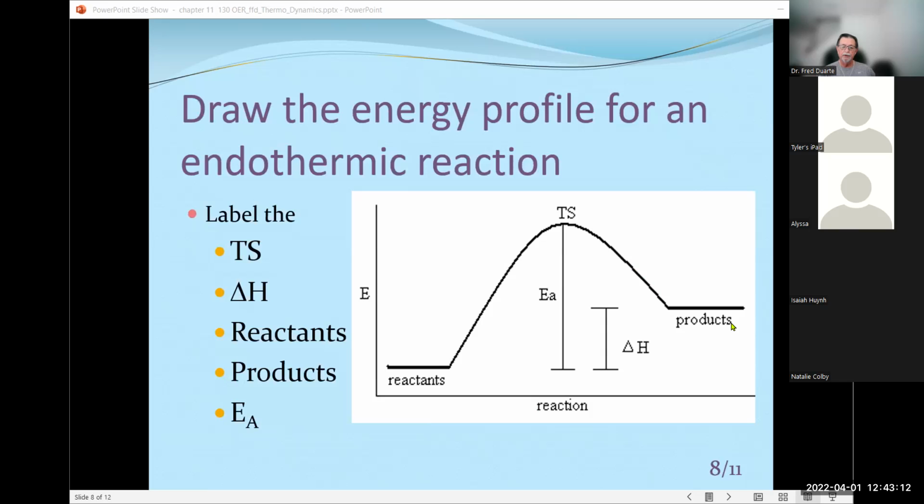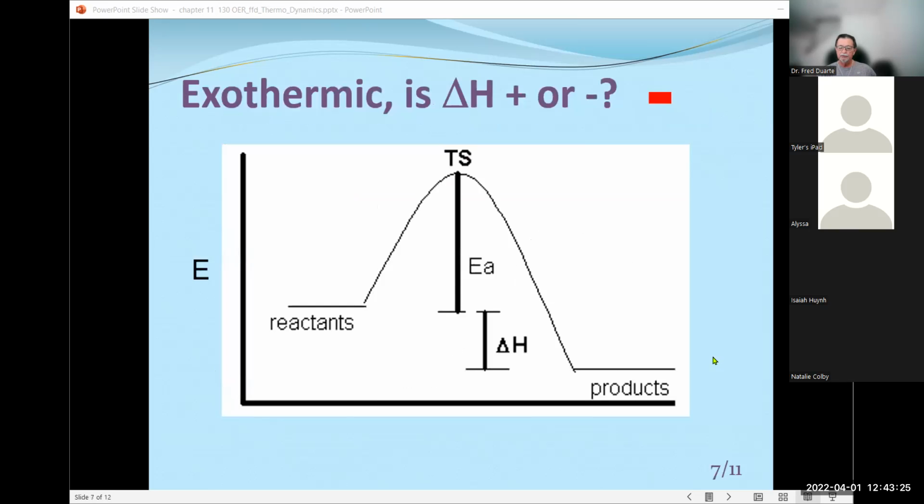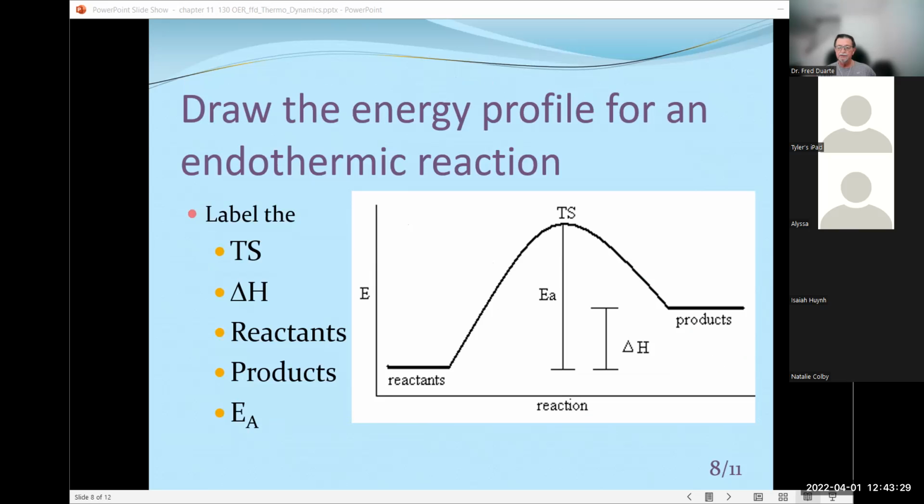All right. So here, as I mentioned, be able to draw the transition state, the delta H, reactants, products, energy of activation. Now notice the difference in this graph compared to the previous one we just did, exothermic. Well, let's just extrapolate.